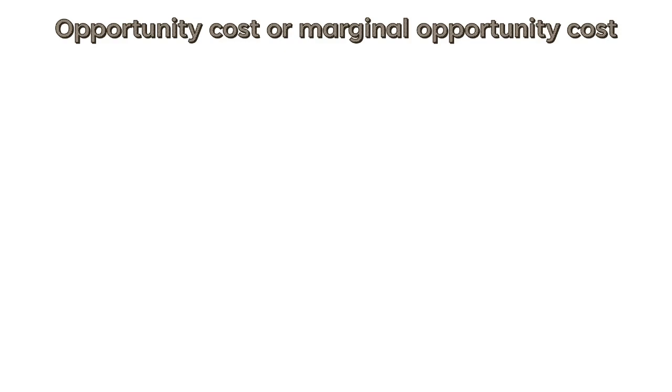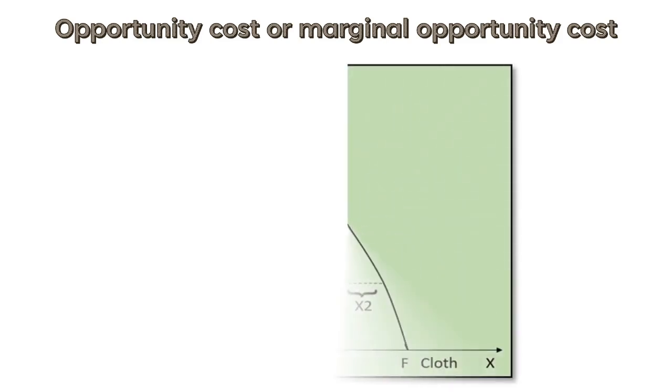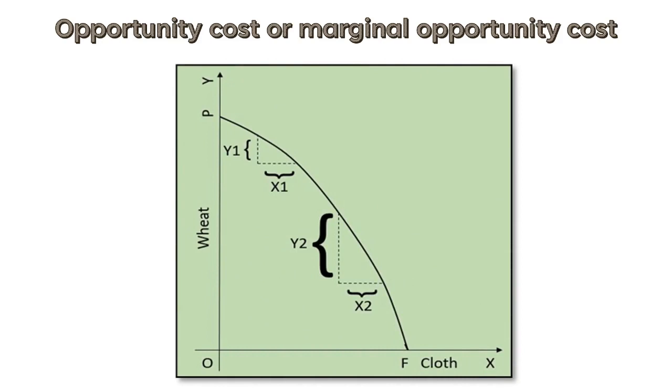It is said that opportunity cost between two commodities always increases, and this is the reason why the production possibility curve is of concave shape. Here in this diagram you can see PF is the production possibility curve, and this is completely concave to the origin. This happens because of increasing opportunity cost between cloth and wheat. Here you can see that for an additional unit of production of X commodity, we are foregoing this much production of Y commodity.